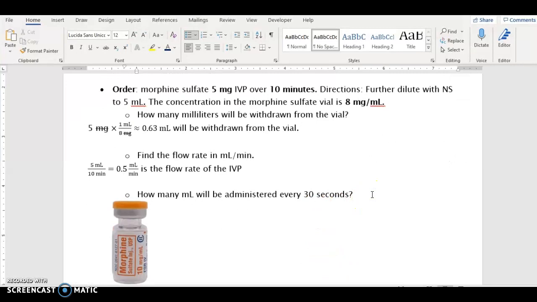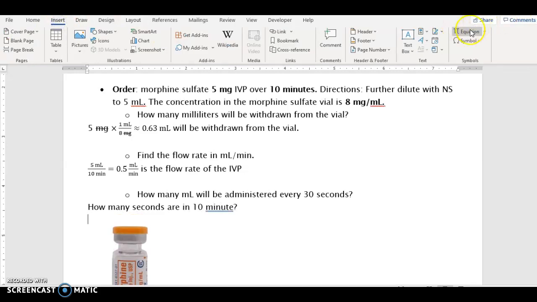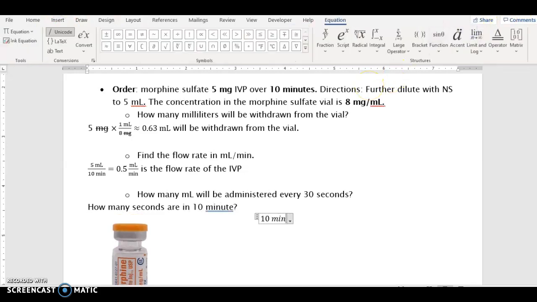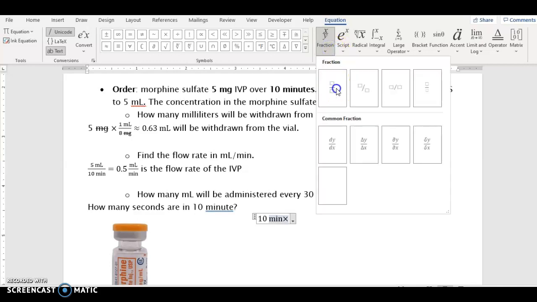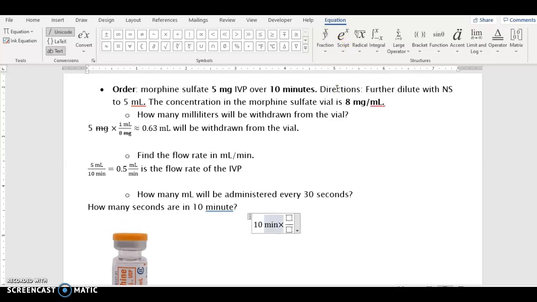To answer this question, how many milliliters will we give every 30 seconds? Well, first of all, how many seconds are in 10 minutes? That's easy to figure out. We can do a quick calculation. 10 minutes multiplied by 60 seconds over 1 minute.